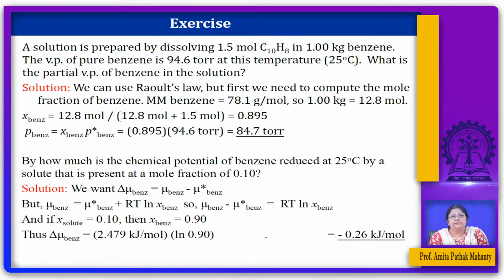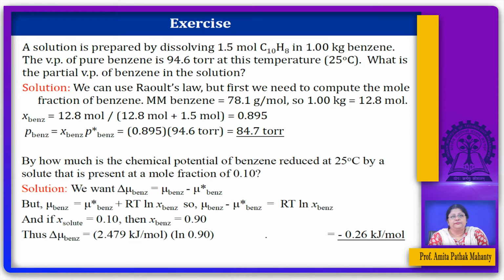So these are certain numericals. Will you take down or will you do it? A solution is prepared by dissolving 1.5 moles of C10H8 in 1 kg of benzene. Vapor pressure of benzene is given at the temperature.